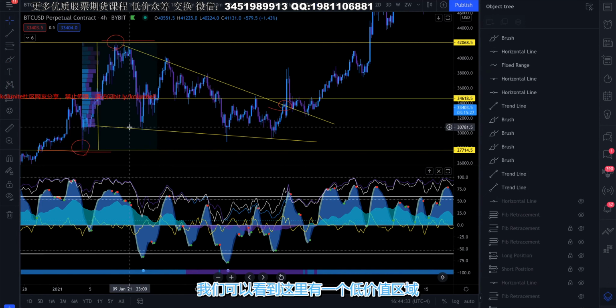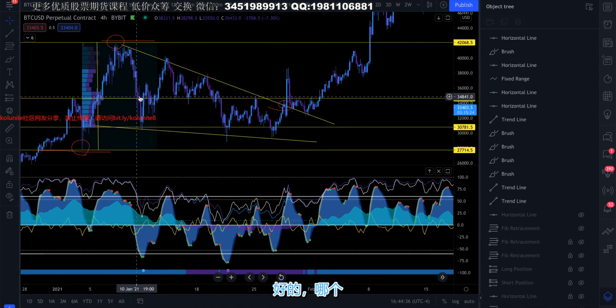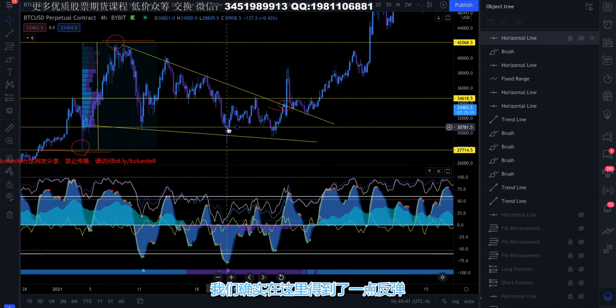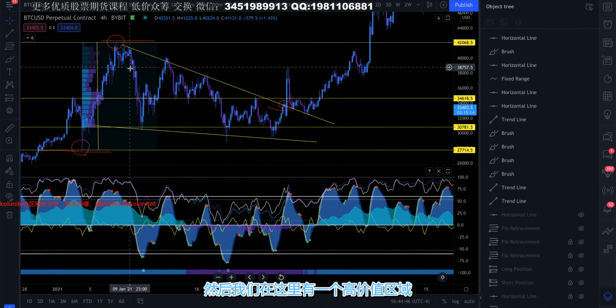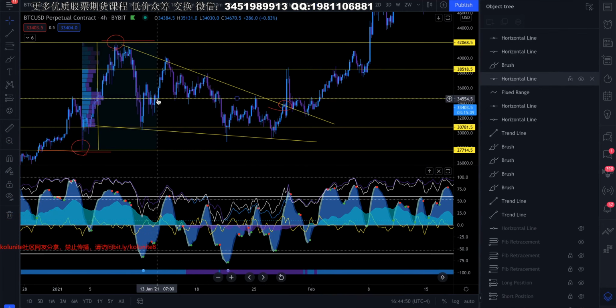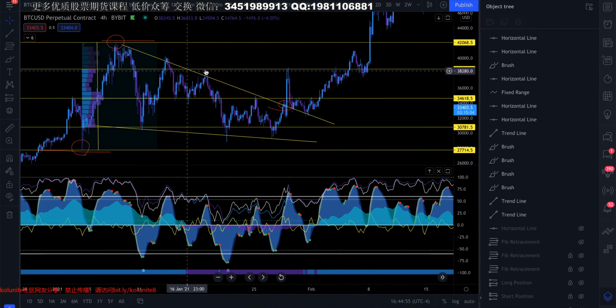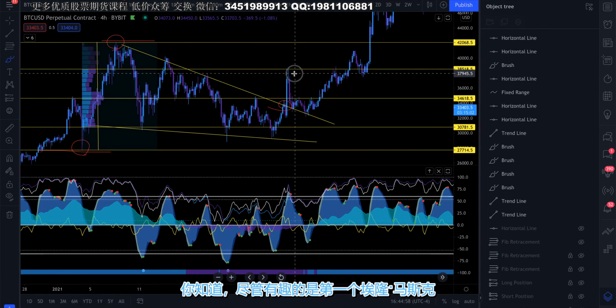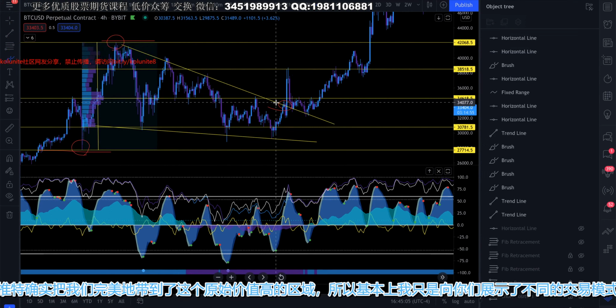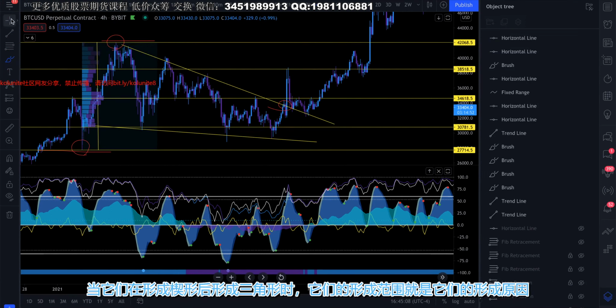We can see that we have a value area low right down here, which, interestingly enough, we do get a little bounce off of right here, and then we have our value area high right up here. Nothing too crazy. Although it's interesting to note that the first Elon Musk tweet did take us up perfectly to this original value area high.